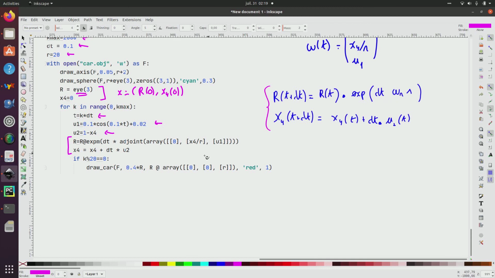This formula here, the adjoint of this, so this one corresponds to omega r, the rotation vector expressed in the car frame. Then I multiply by dt. I take the exponential here, so it's the exponential matrix. I multiply by r to compute the new r at time t plus dt. And this one, it is the Euler formula given here. And every 20 iterations, I will draw the car in red and not too large to avoid overlapping.